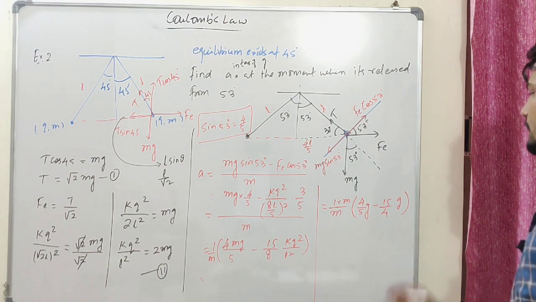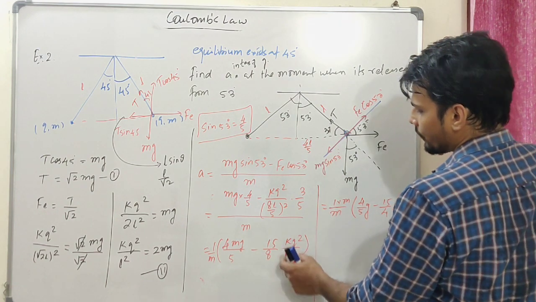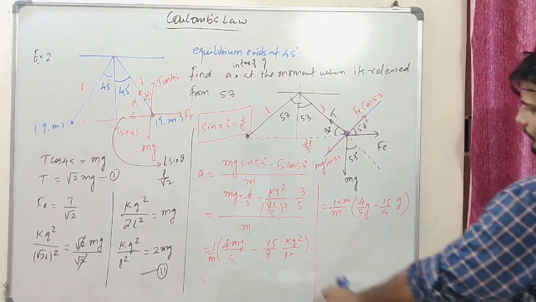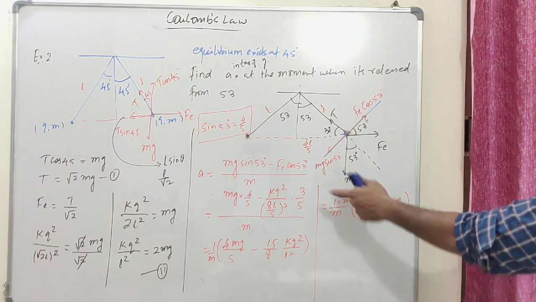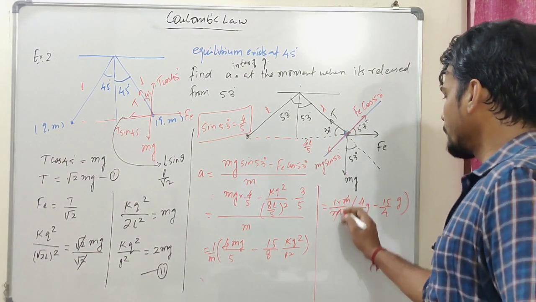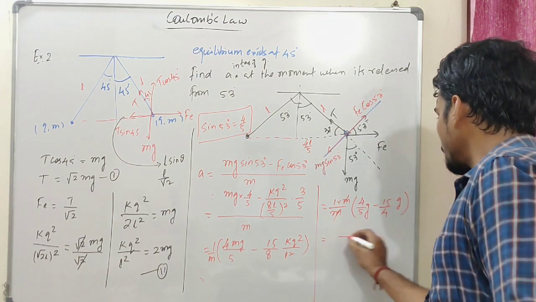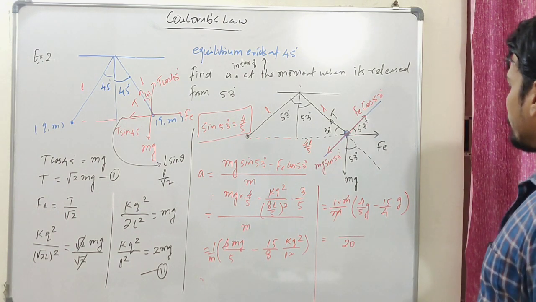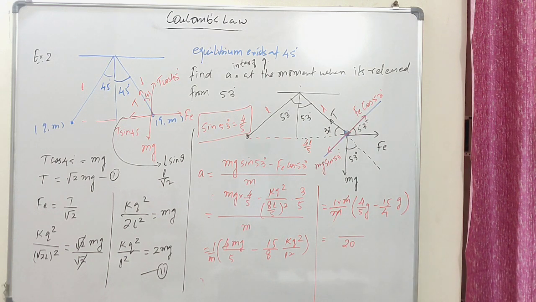I hope you guys agree with this, right? kq square over L square equals 2 mg. So 2 times 15 by 8 is going to be 15 by 4. g is here, m has been taken out, cancelled. So if I look at the LCM, well, that should be how much? 20. Oh, well, there's a mistake.